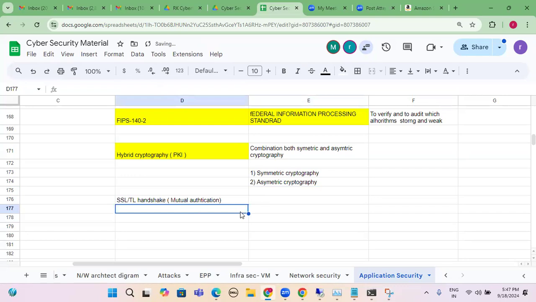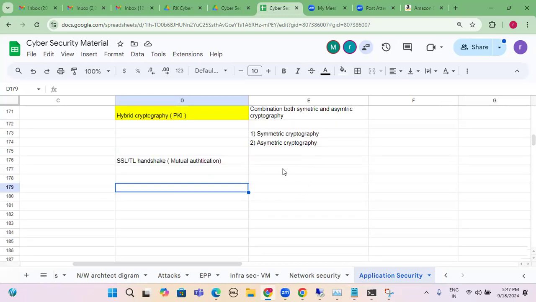This is what we were discussing about VPN authentication between site to site. I gave an example of Bangalore and California, how the negotiation will happen and how the tunnel will form between Bangalore and California, the same process. Now we can compare what we discussed as part of the firewall VPN site to site versus the SSL/TLS handshake.